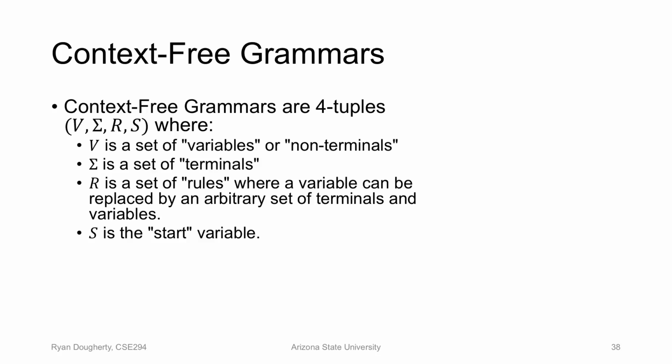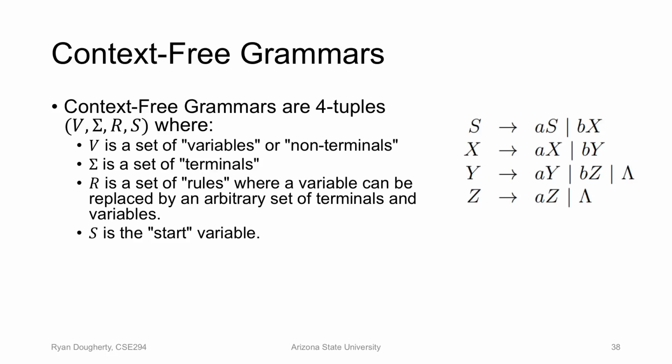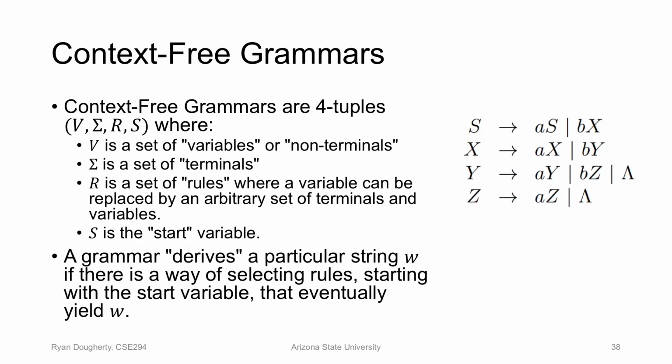R is a set of rules, so basically you are applying rules that convert a variable to a set of either terminals or variables. And there's a special designated variable called S, which is called the start variable. What you're doing here is you start with S, then you keep applying rules over and over. And here's an example CFG, context-free grammar.